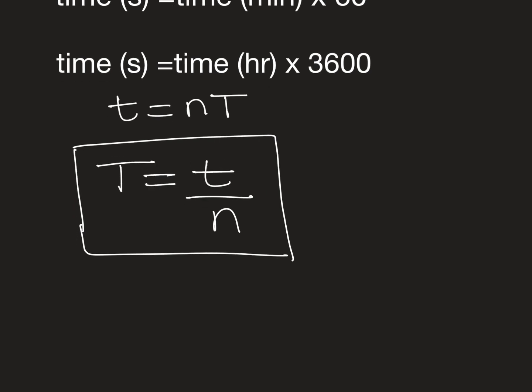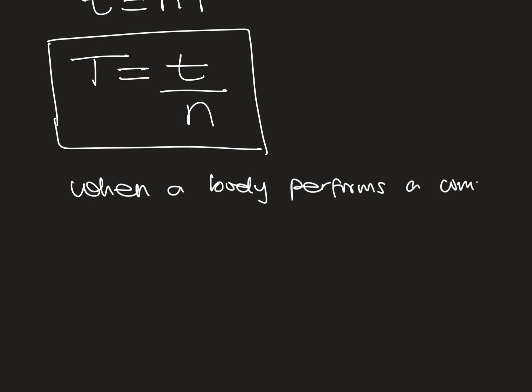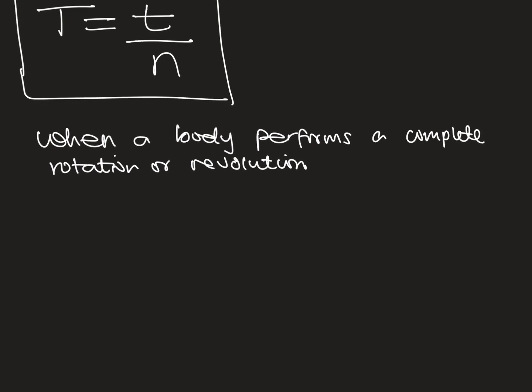Okay, so we will consider a circumstance, that is when a body performs a complete rotation or revolution. If you remember, we said omega is equal to delta theta divided by delta t.